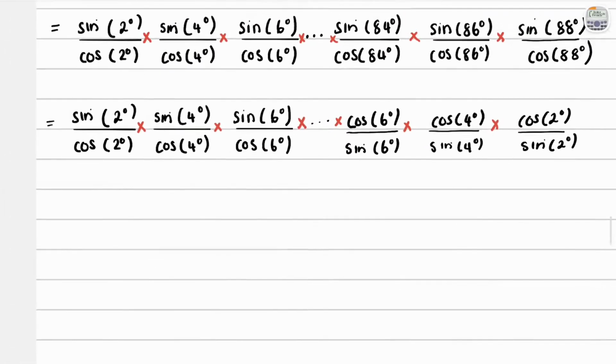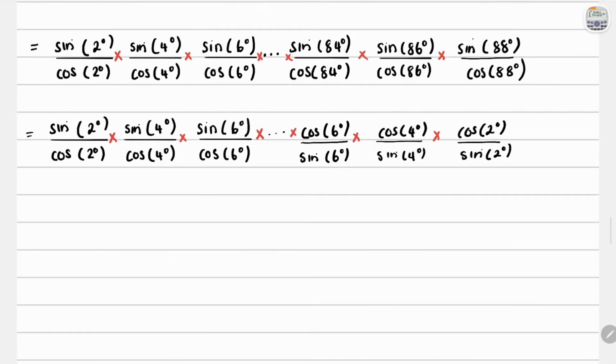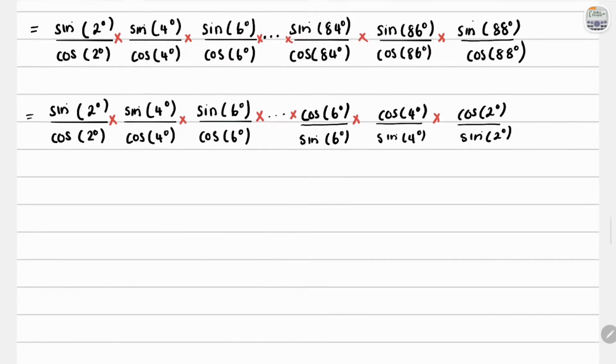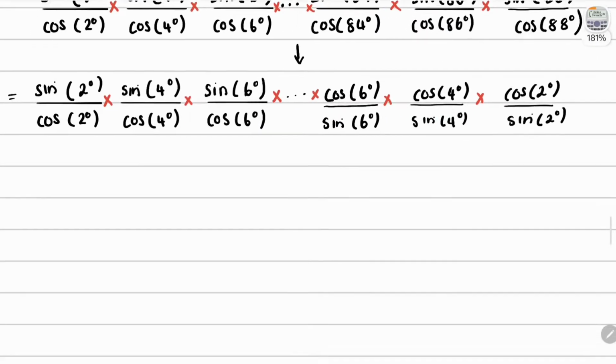What will happen here is, remember that we have exactly 44 terms, let's just call them values. So we're going from 2 all the way to one specific number, and then it'll stop increasing and then it'll start decreasing. Now to find out where that number is is quite simple.